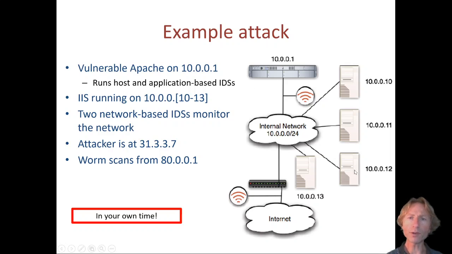There are a number of other machines on the internal network, and it's connected to the internet. There's another web server running at all of these hosts. So 10.0.0.10 to 13 all run a different web server. And then we have two network-based intrusion detection systems monitoring the network.